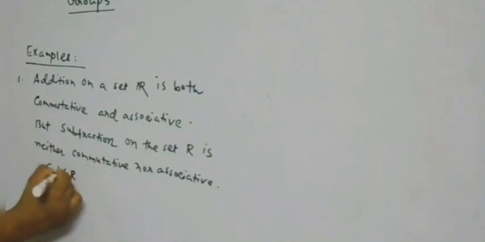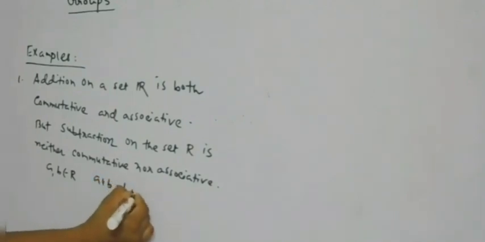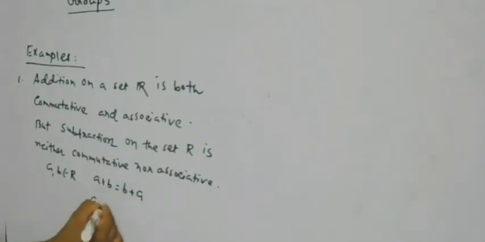Now let us take some examples. For the first example, addition on the set R is both commutative and associative, because if we consider a, b belonging to R, then for the binary composition addition, a plus b equals b plus a. This holds always, so it is commutative, and (a plus b) plus c equals a plus (b plus c).